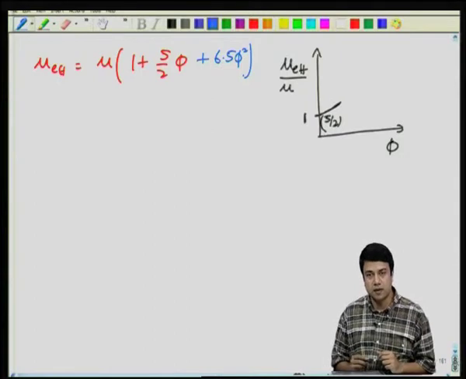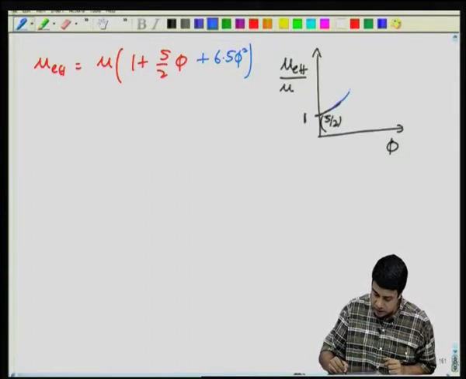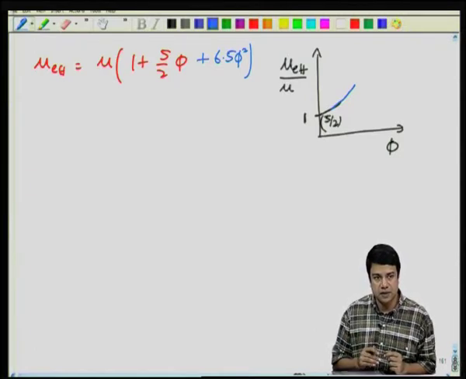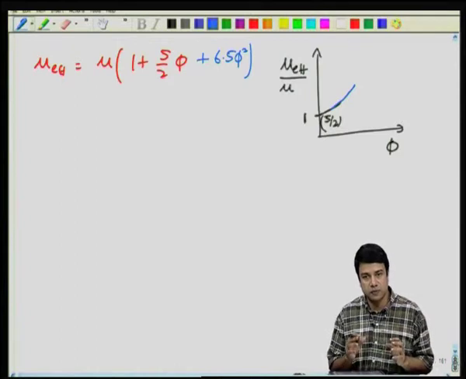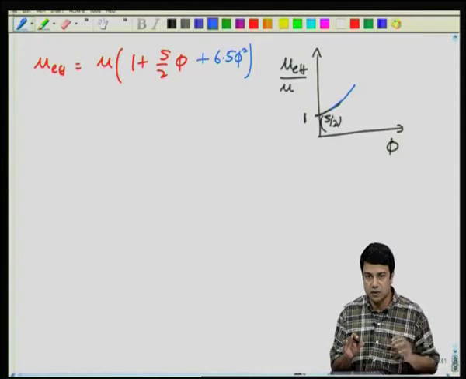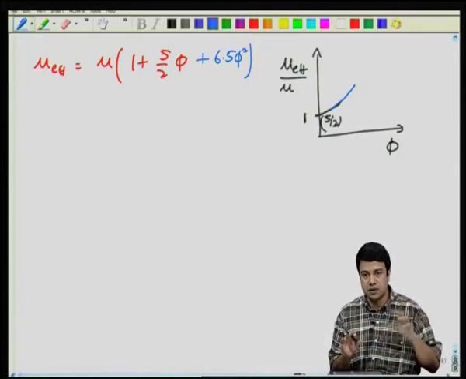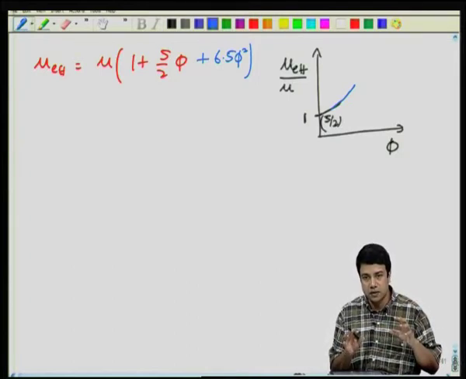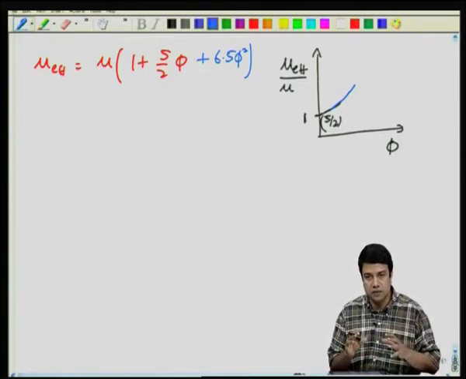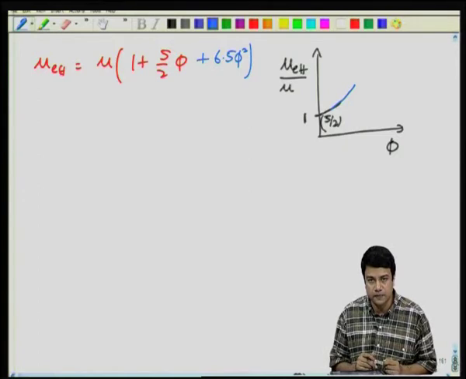So the correction due to the quadratic term turns out to be 6.5 φ². This calculation of the next term takes into account the interaction between pairs of particles. If you have a particle at one location, you find out the contribution due to all other particles, the disturbance caused by those on this particle located at one particular location, and average that out to find the effective viscosity.